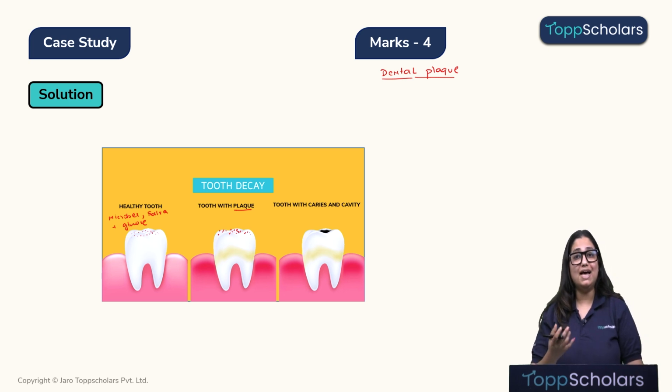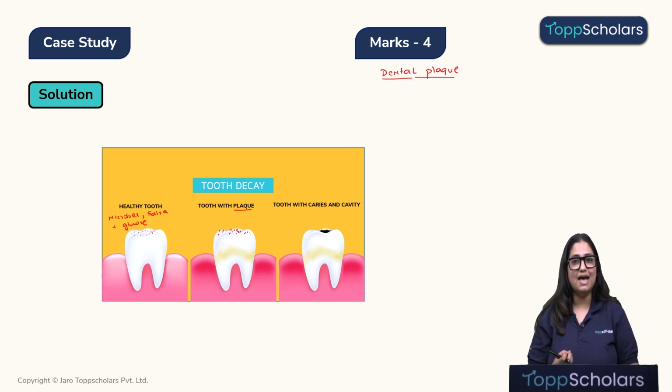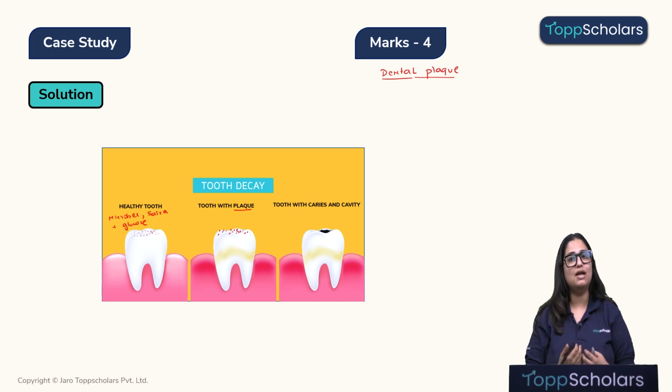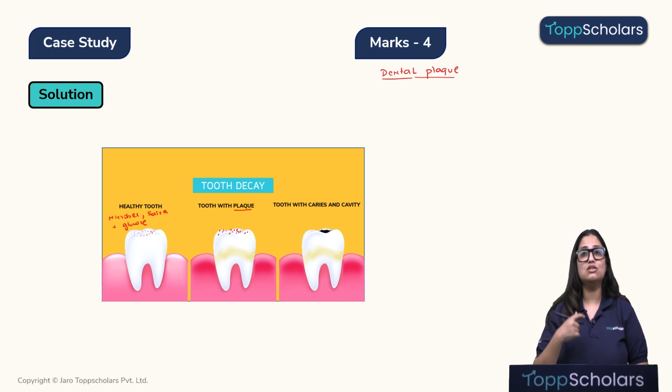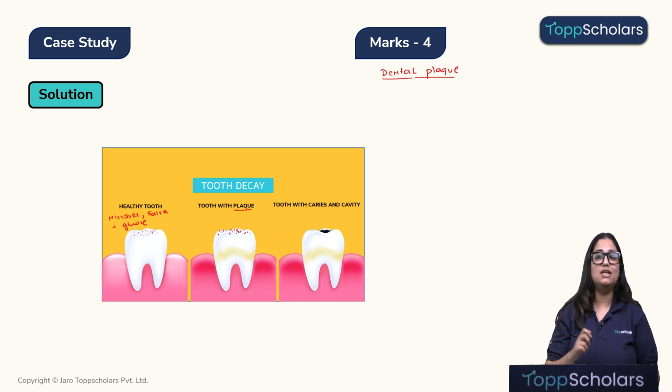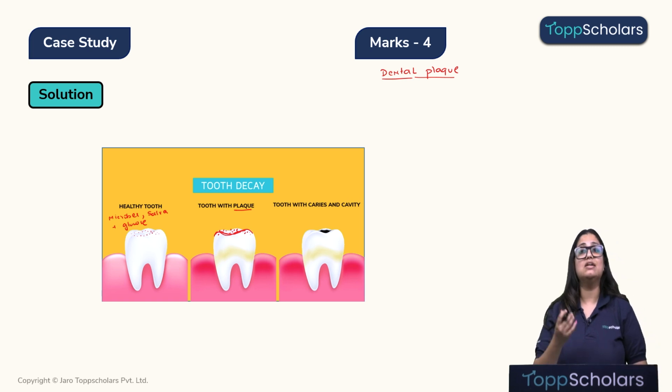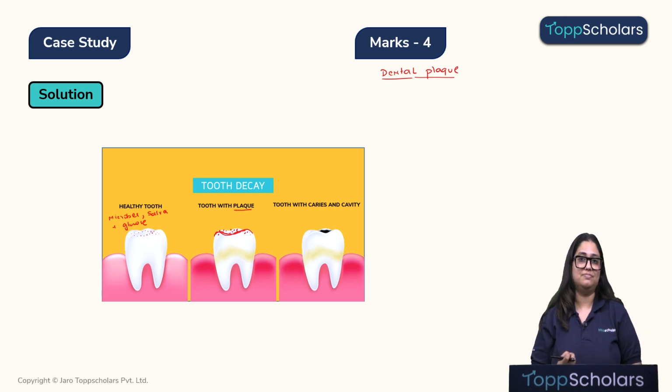Now, children, you know acid is very harmful, right? Acid will start burning your teeth. And that's exactly what happens over here. Acid starts corroding the outer layer of the teeth, that is the enamel. The white layer that we see is made up of enamel, and this acid dissolves the enamel.